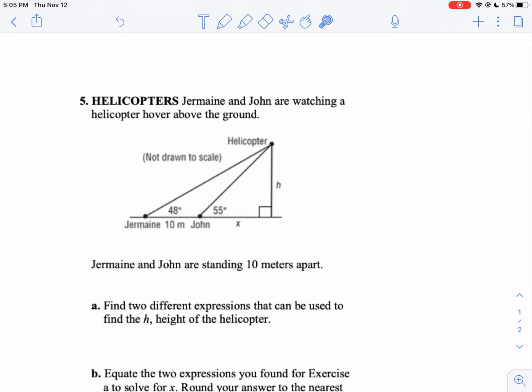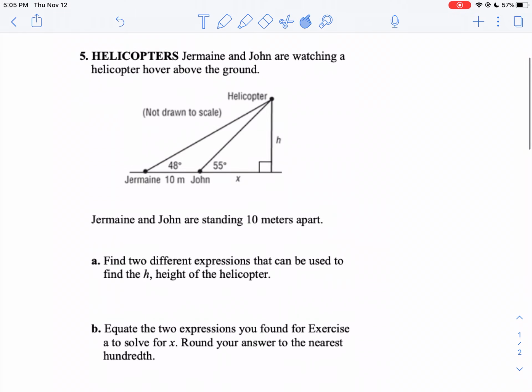Well, I'm going to start here with John's triangle. If we take a look at John's triangle, his angle of elevation is 55 degrees. And we want to use h and x. So opposite over adjacent, we're going to say the tangent.